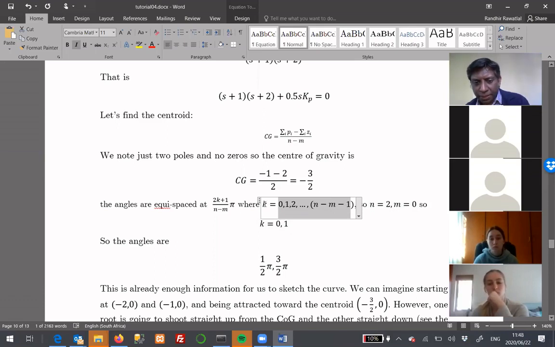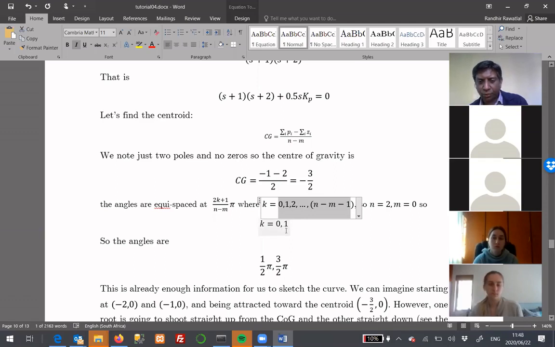So once more, to find the angles of our asymptotes, we look at k in this range, this set of numbers. So you look up the end number first. In this case, n equals 2 and m is 0. So this is 2 minus 0 minus 1. So that's a 1. So you follow the sequence. So you've got 0 and 1.